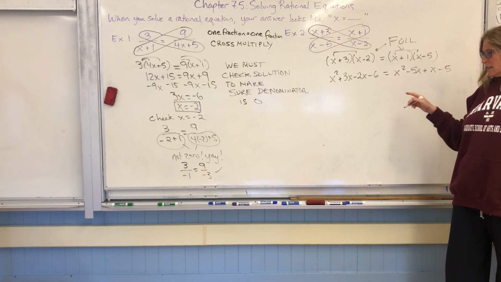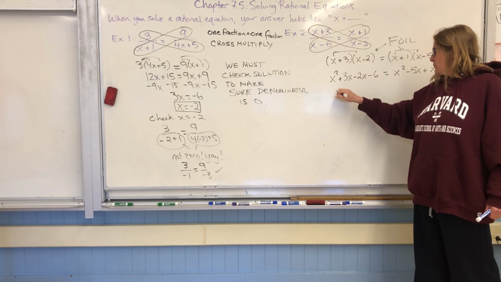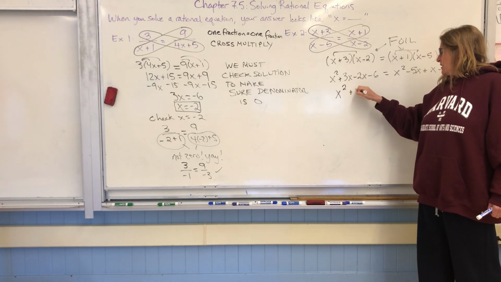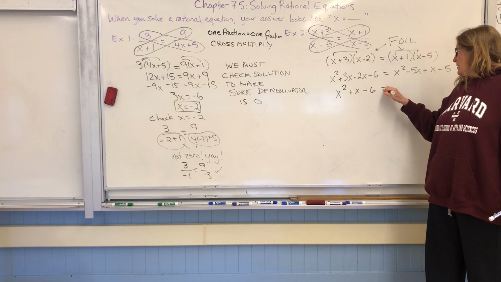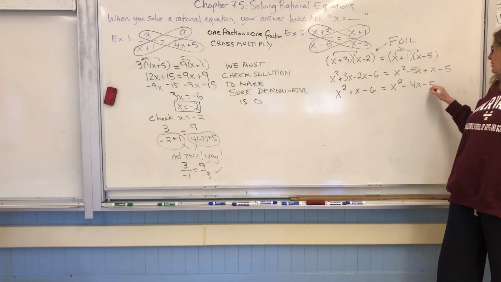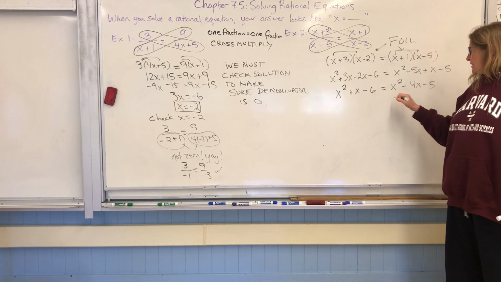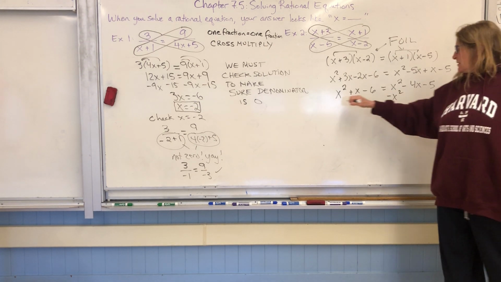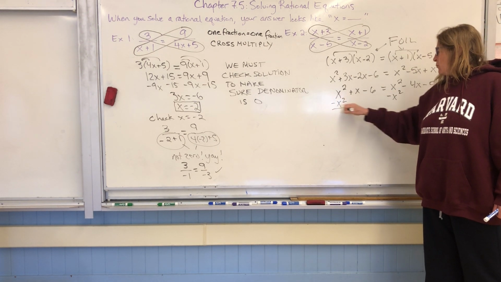Now I'm going to neaten this up a little before I start moving across the equation. So I have x squared minus 4x minus 5. Now this one looks initially like it's really awful, but look, do you guys see this? The x squareds are out.